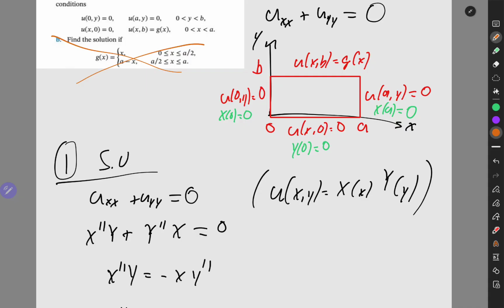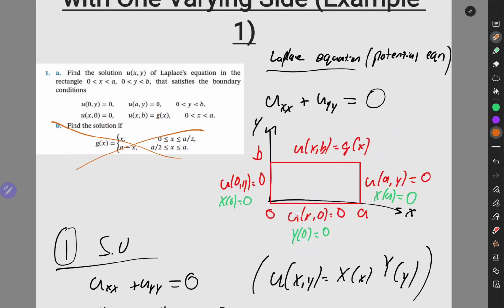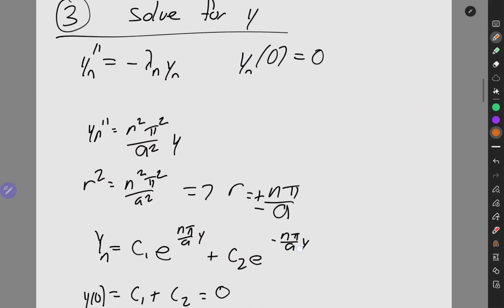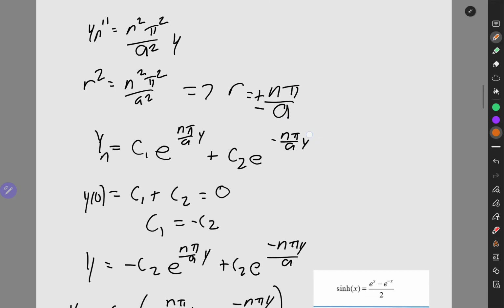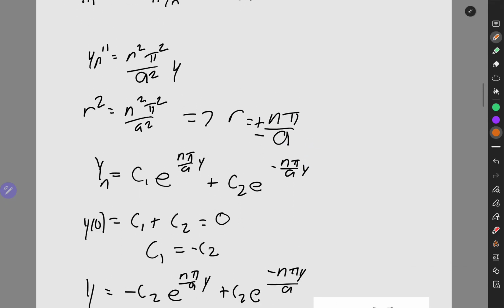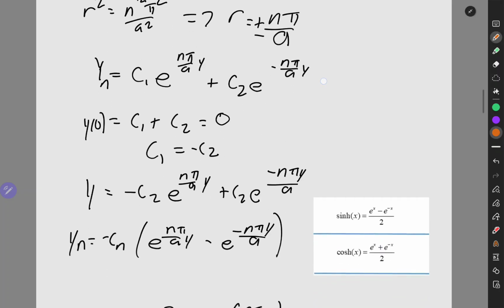Because now, basically what's going to happen is when we separate the variables, the separation of variables will be the same, but our boundary condition, instead of being y of 0 is 0 for solving for y, it's going to be y of b equals 0, which greatly complicates things because you can't simply say that c1 is equal to negative c2 and solve it easily like this.